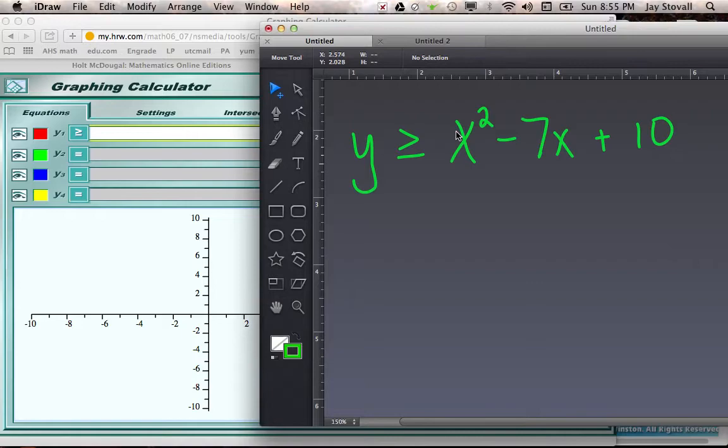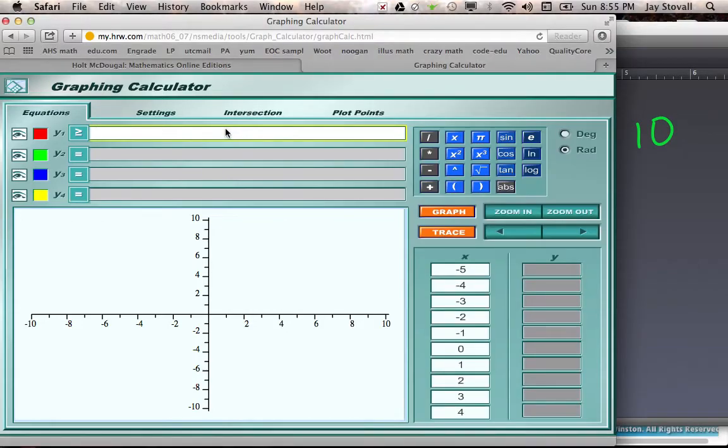If we go back to our grapher, and this time we put in y is greater than or equal to x squared minus 7x plus 10, and we graph it, we get once again a solid line indicating x squared minus 7x plus 10, and we're shaded above it because it's y is greater than. So we understand this to mean that all of the solutions to this quadratic inequality are in this shaded region on our graph.